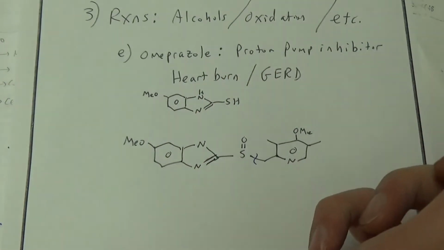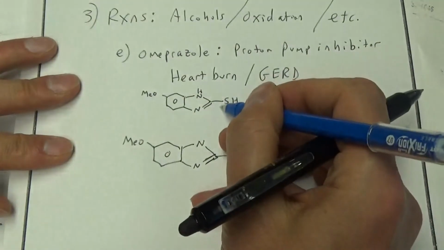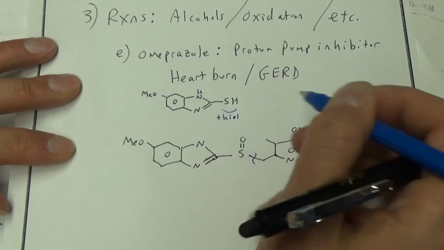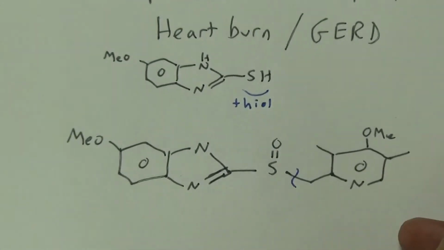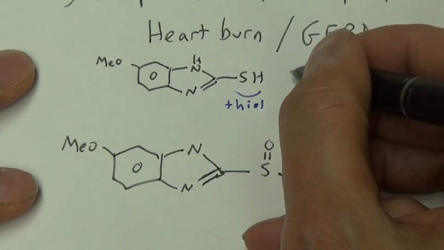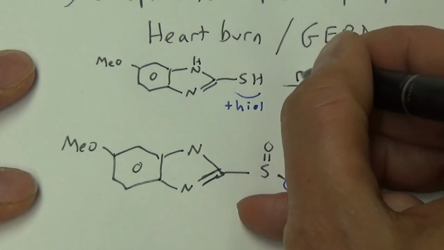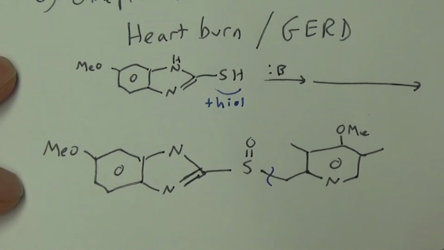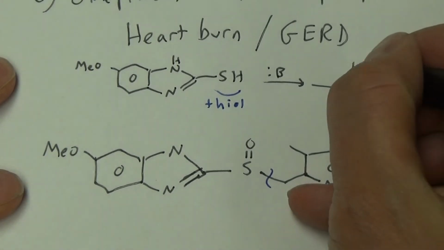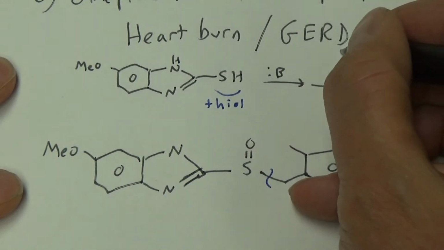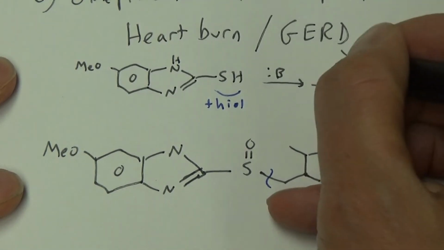That's called a thiol, like a sulfur-based alcohol. They just react this with a base, and then an alkyl halide. And the alkyl halide is simply nitrogen, methyl, O-methoxy.